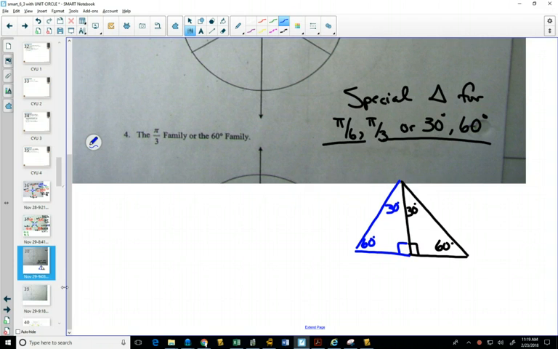What's special about them together? If you put it together as one big triangle, it makes an equilateral triangle. So if it's an equilateral triangle, well, that means that if I pick an arbitrary number, let's say this side is length 2, well then this side is length 2, and the whole bottom together would make a length of 2, meaning this side would be 1 and this side would be 1.